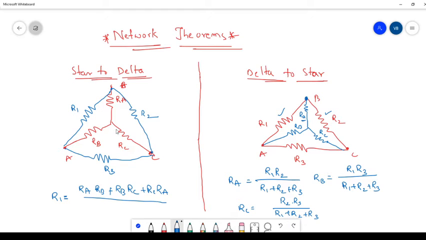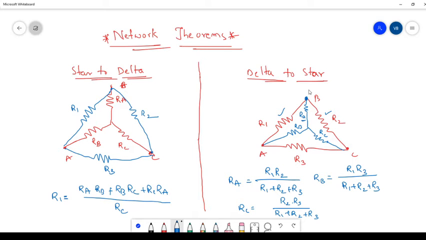So what is the resistance not included here? That is RC. So that value we indicate in the denominator, that is RC. So while calculating the star to delta transformation, all numerator values are the same.